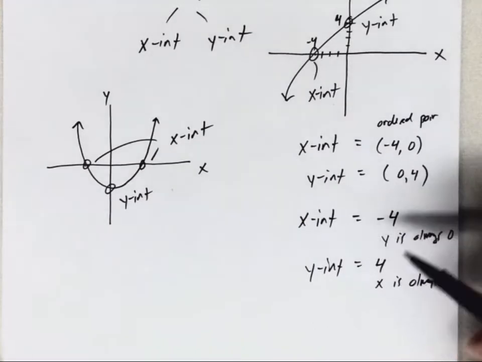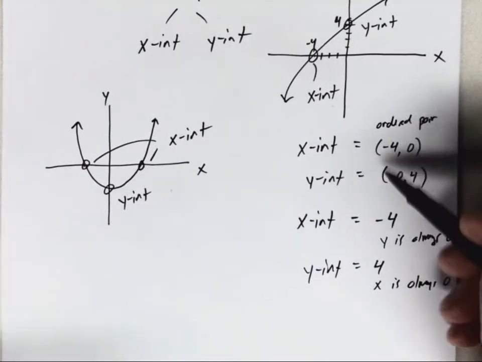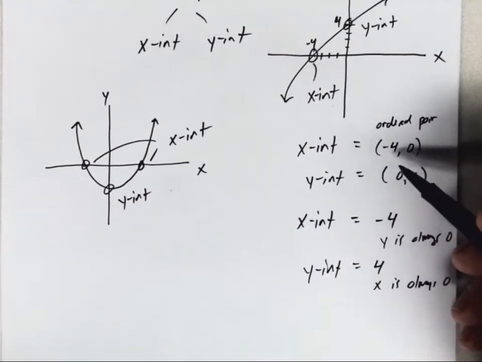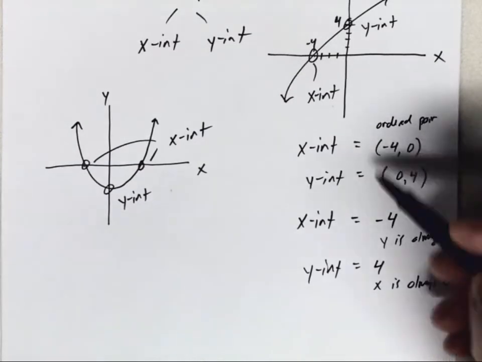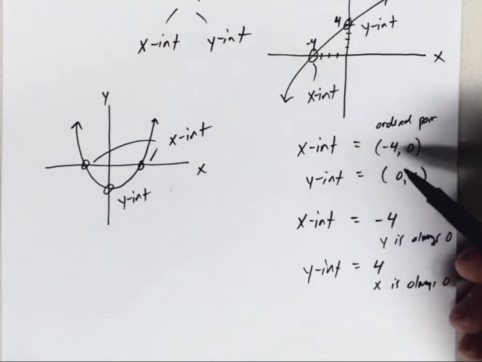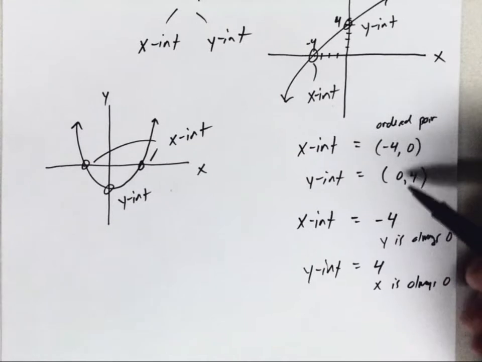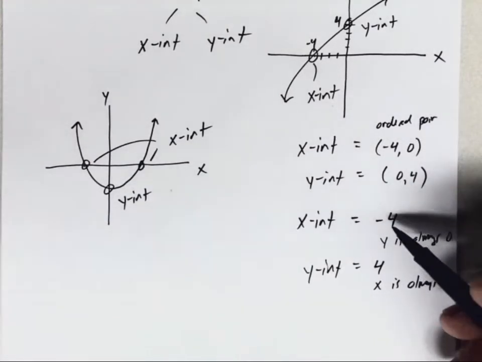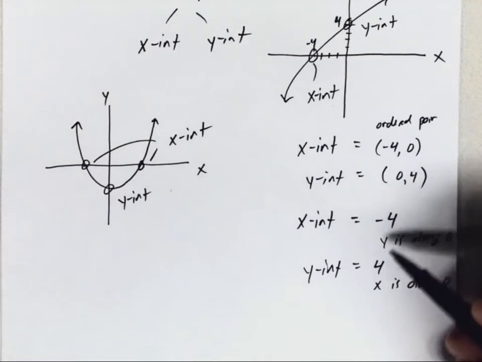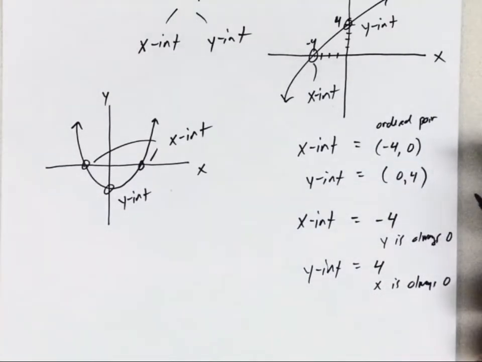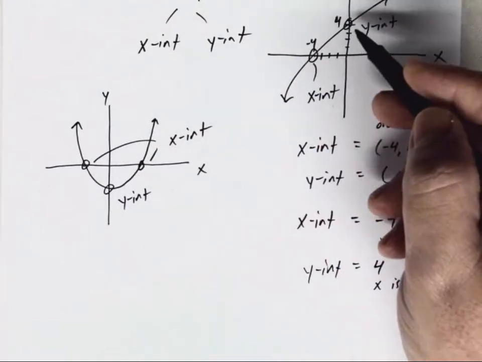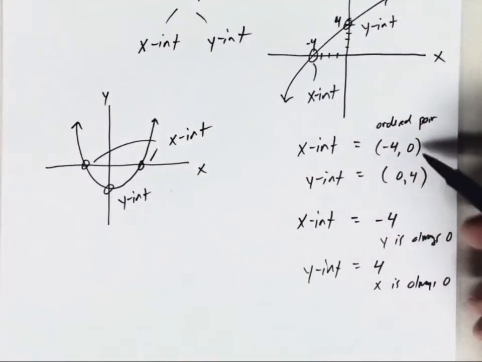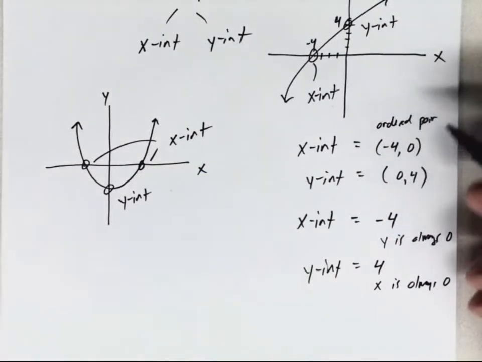So you just have to be careful. Especially when you're answering a question on the computer, you need to make sure it's in the form they want. I think initially, a lot of times they will ask for the intercepts as ordered pairs, but maybe in future problems they'll just ask for the intercepts as numbers. We don't know. Okay, so that's visually what intercepts are and even how we write them.